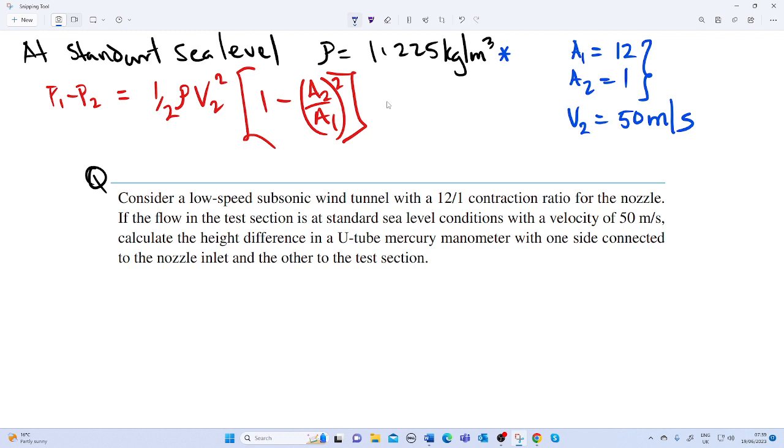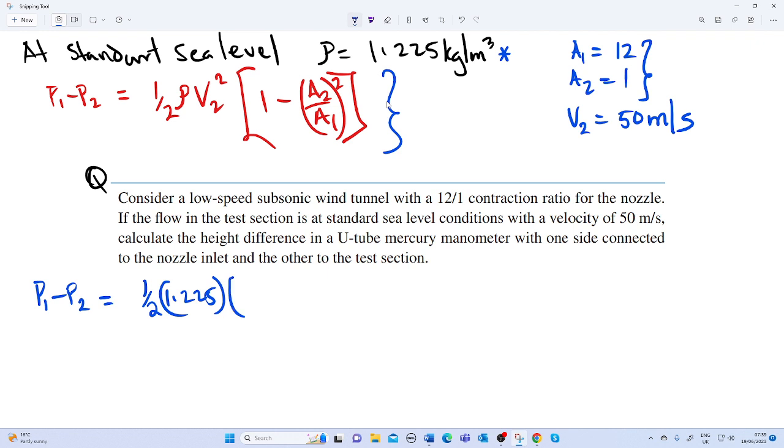Now, by slotting all the values into this particular equation, we can deduce that our pressure variation P1 minus P2 equals half rho v squared. What's our rho? 1.225.